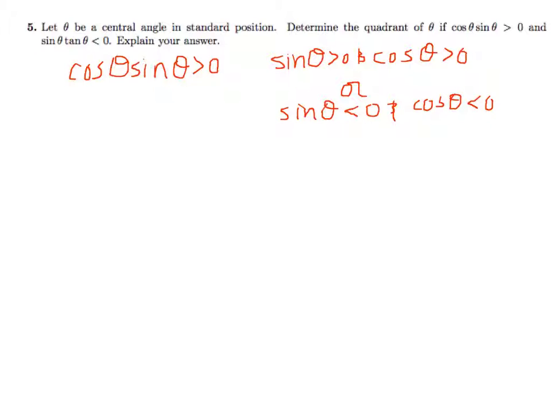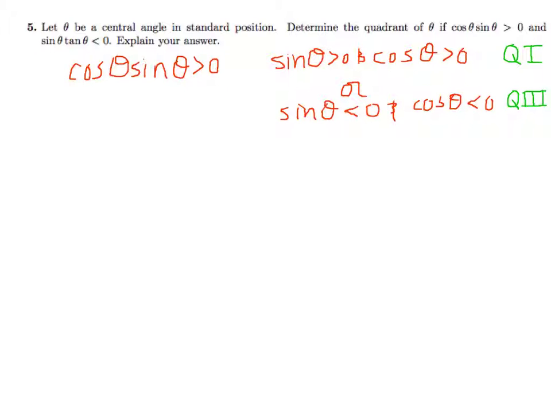So if we have two negative numbers multiplied together, we know that's positive, or if we have two positive numbers multiplied together, we know that's positive. And sine theta is greater than 0 and cosine is greater than 0 in quadrant 1. And so next to this first condition, we're going to write quadrant 1. And sine theta is less than 0 and cosine theta is less than 0 in quadrant 3. So let's keep those in mind.